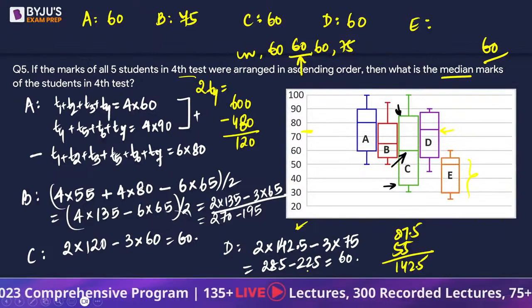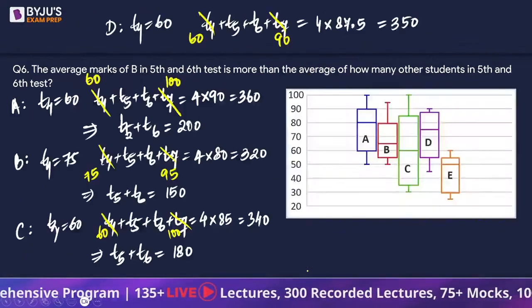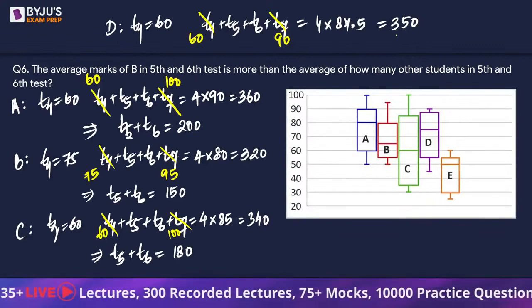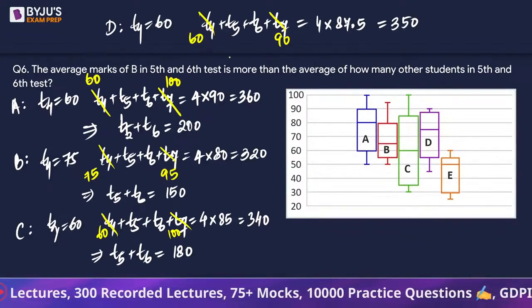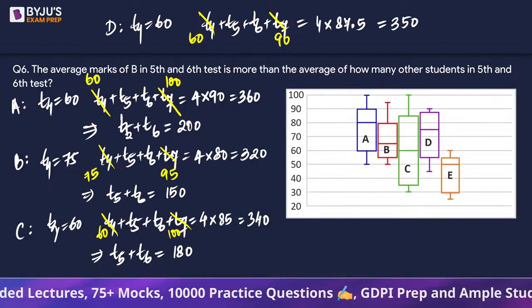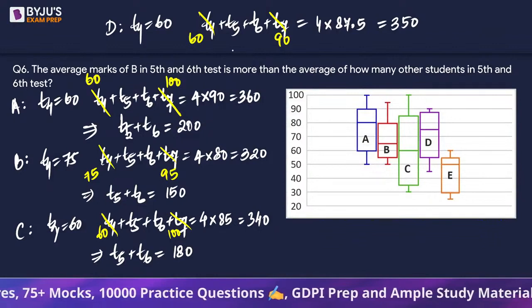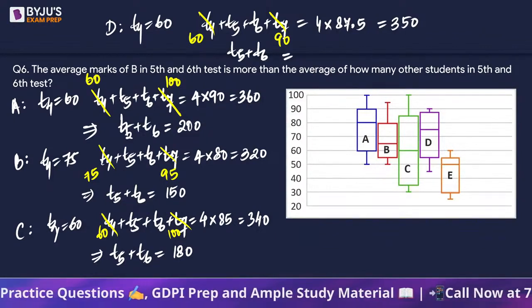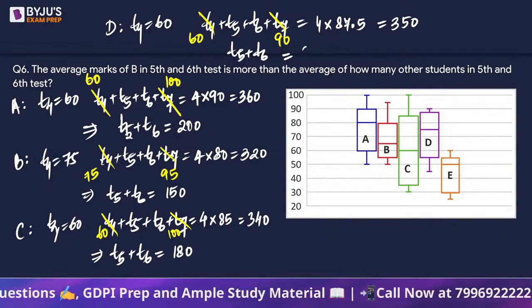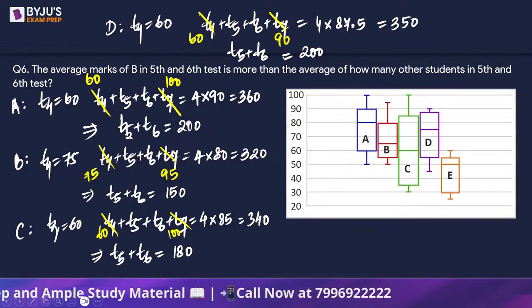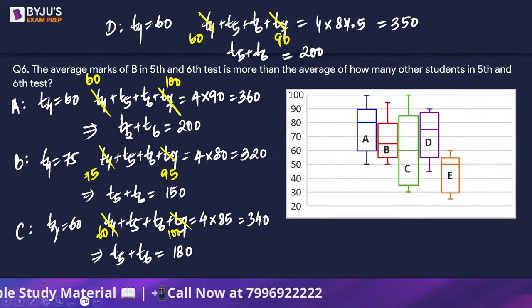So fourth test में इसको 60 ही आया था D को. Okay, why I am worried about this is because we will be getting from here T5 plus T6 is equal to 350 minus 60 plus 90, which is 150, which is 200. मतलब T5 plus T6 दोनों 100 है ना?